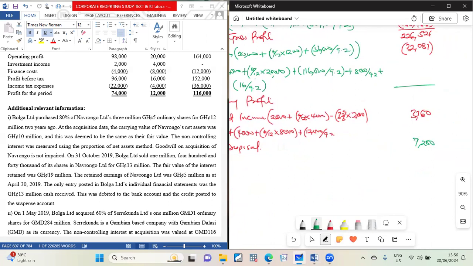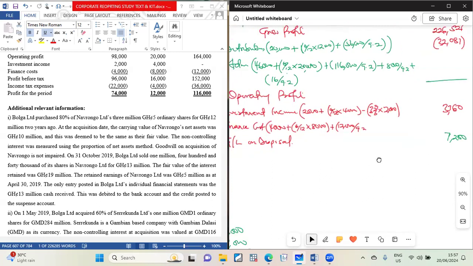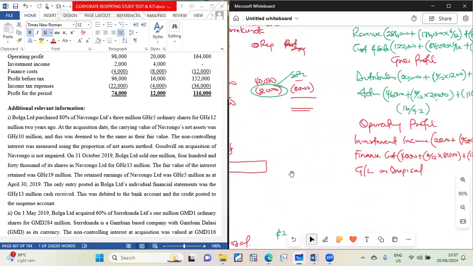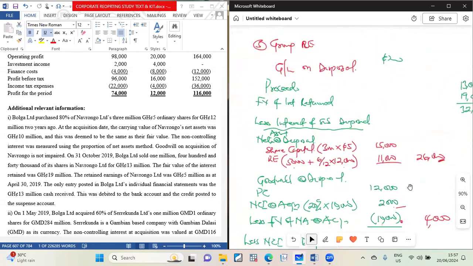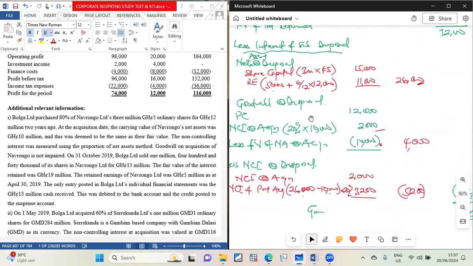The other things we need to sort out will also be the IFRS 2 staff, the share-based payment, and the borrowing cost staff. So we deal with those ones and probably we are good to go. It would have been nice if you had done the goodwill for our workings 3, and you can refer the examiner to this and put it here.